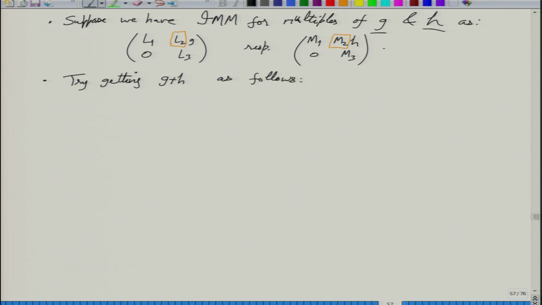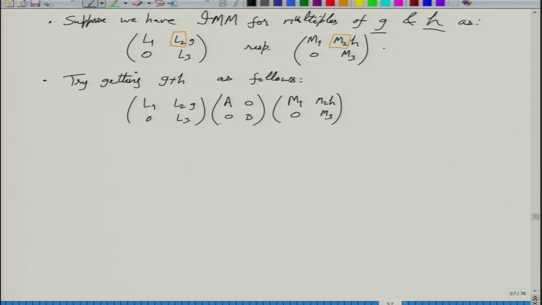What are the things that you can do? Well, you can only multiply matrices. So you have these two matrices. Let us write them. And maybe you can introduce a third matrix in the middle, which is yet to be fixed. So let us say this.